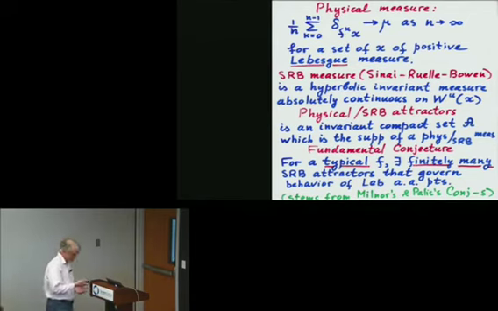Eventually this notion of a physical measure was worked out. We have an invariant measure which may well be singular, but this measure governs the behavior of almost all points x with respect to the Lebesgue measure.